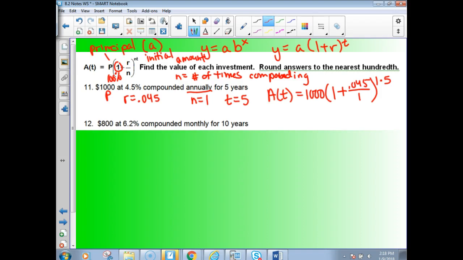5 is the T value. So then you could actually simplify this to 1,000 times 1.045 to the 5th, and just type that on your calculator. Do you need me to type it in?